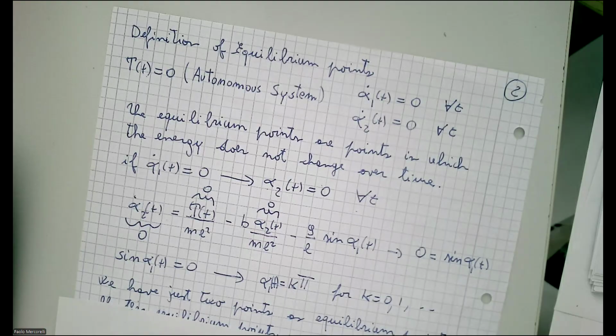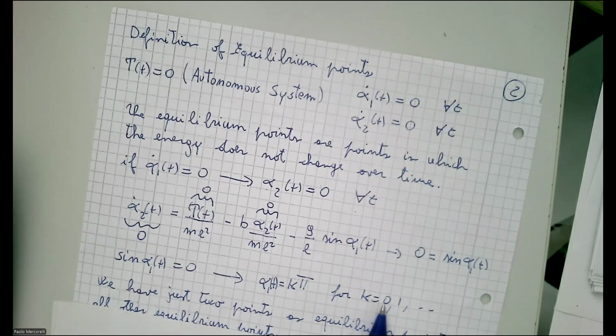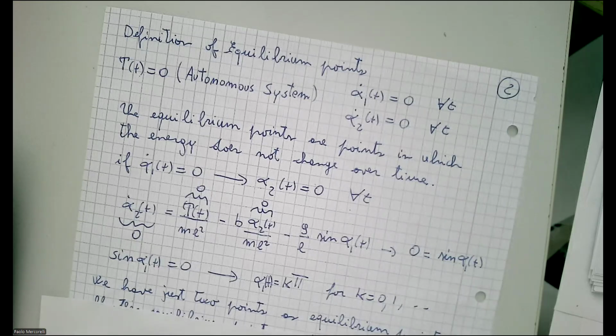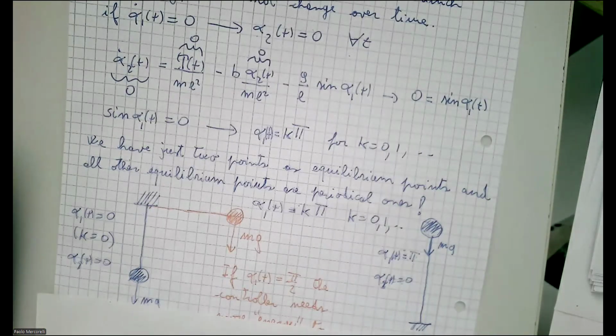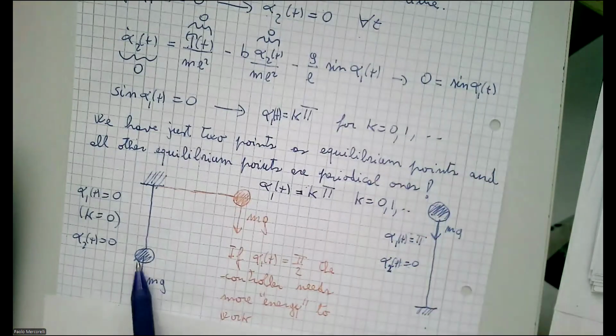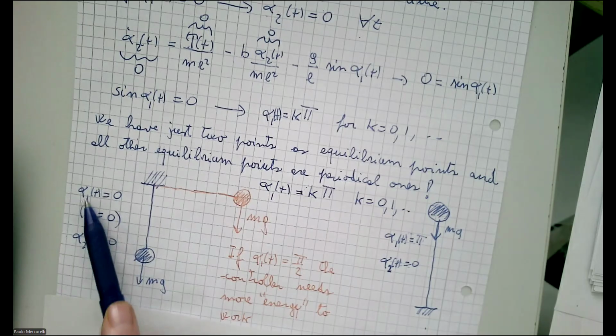But of course, practically, we have just 2 points: k equals 0 and k equals 1. Why? Because the rest of the points are periodic. We have basically this equilibrium point characterized by k equals 0 mathematically. This means position 0, velocity 0.